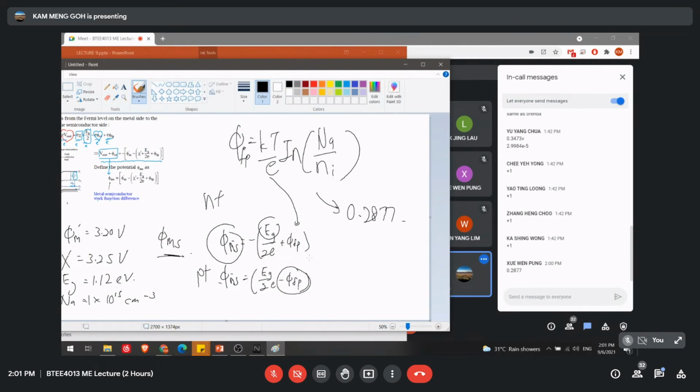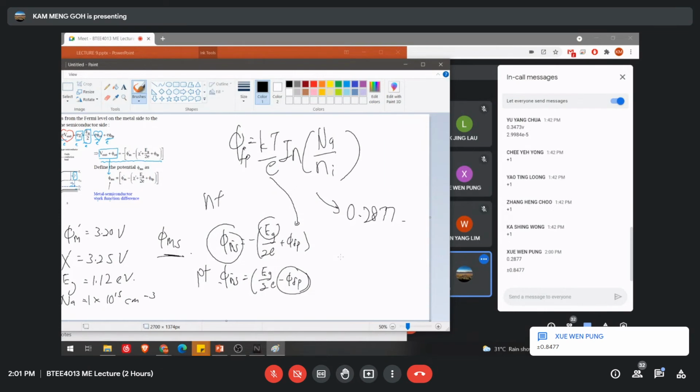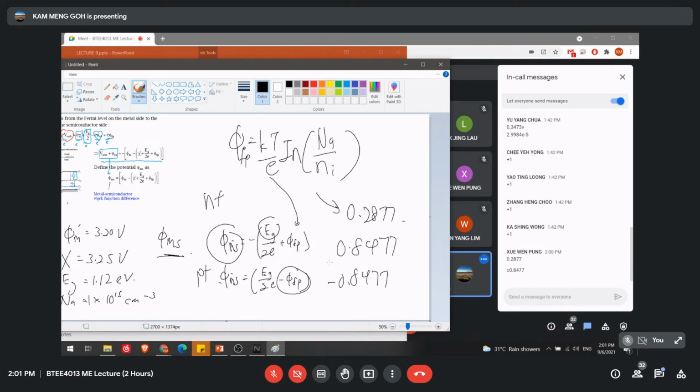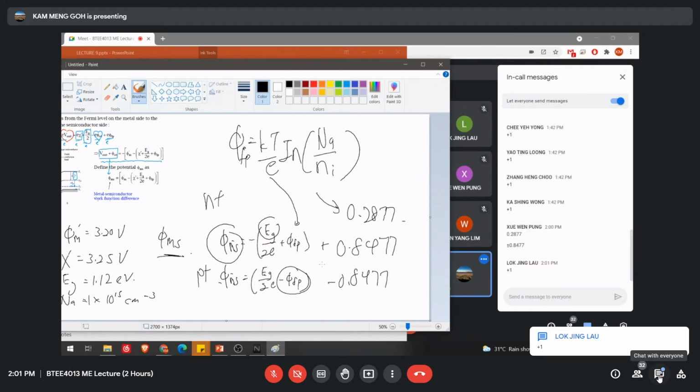Okay, so what are the M plus and the P plus values for this delta MS? 0.8477, then minus 0.8477. Any plus one? Okay, good.